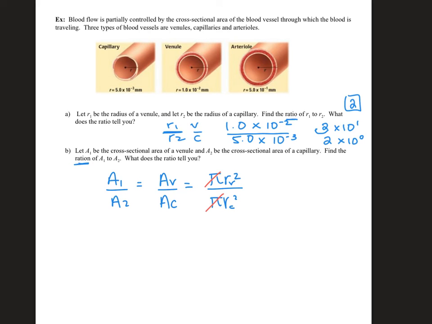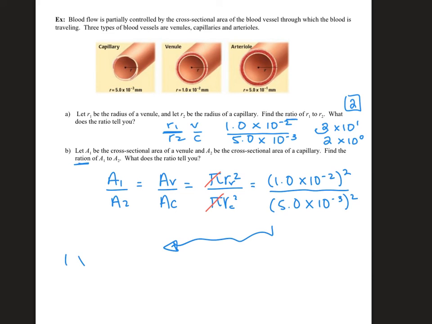And so then radius of a venule was 1.0 times 10 to the negative 2 squared over 5.0 times 10 to the negative 3 squared, which would mean 1 squared is 1 times 10 to the negative 4, that's my numerator. 5 squared is 25 times 10 to the negative 6.